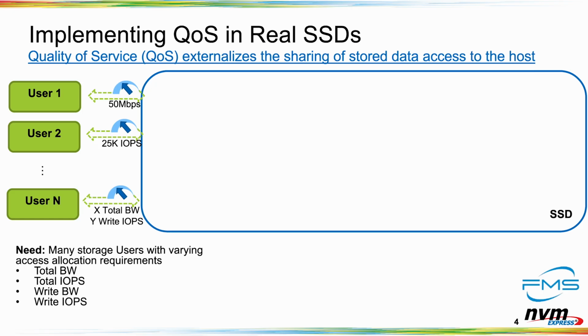So this first user has a setting of 50 megabits per second, and then we have 25K IOPS for a different user, and later I show a user with more complex maximum settings. So there are many different users, many different types of allocation requirements, and we have a total bandwidth, total IOPS, write bandwidth, and write IOPS.